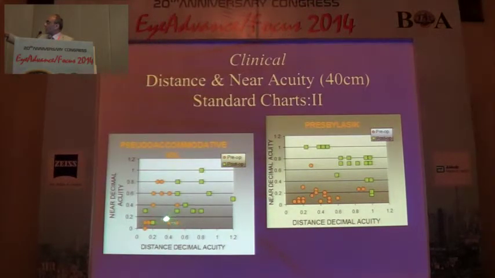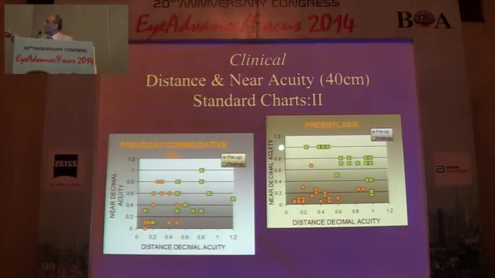Here, just to continue the theme, the first generation pseudo-accommodative IOLs, that's the 1845, the design that Stuart Cummings put together. Again, distance acuity post-op is pretty good. The near acuity, bit of a spread there, but there's not that much of a shift. But our presby-LASIK first generation was quite dramatic.